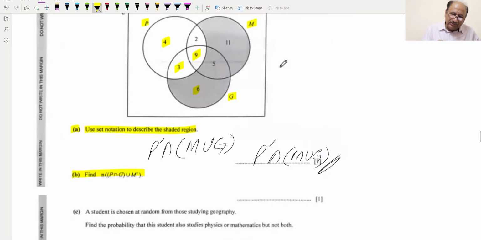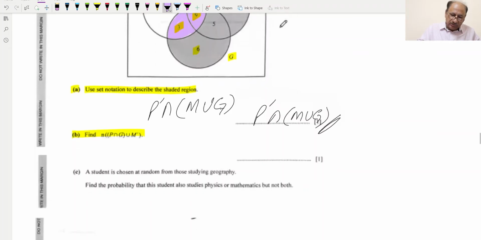So P intersection G union M complement. P intersection G will be this region, and they're saying P intersection G, then union M complement. So whatever is not in M is 6 and 4. So 3, 9, 4, 6 will be the answer for this part.